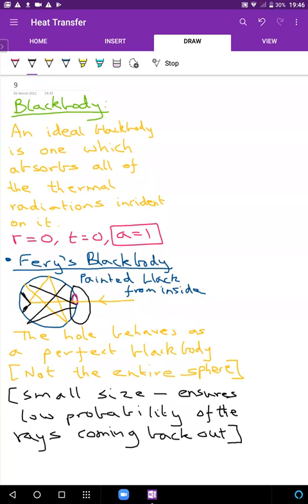If the hole were big, it might escape, but the hole is small, so the probability of it hitting that specific point on the sphere out of all points is almost negligible. Okay, so that's how the small size in a way ensures low probability of the rays coming back out. If you send light through a small hole, chances are you'll never see that light ray come back out. Yeah, that's the idea.